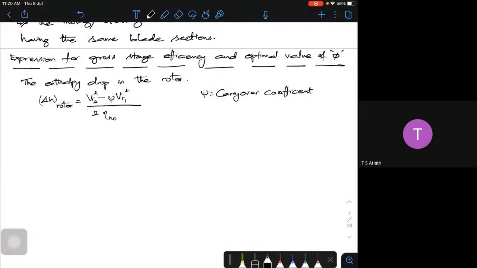That is with respect to blade efficiency. For a nozzle, this would have been with respect to nozzle efficiency. For a rotor, this will be blade efficiency. But we have considered that the blade efficiency and the nozzle efficiency are the same. Either I can write blade efficiency or nozzle efficiency.